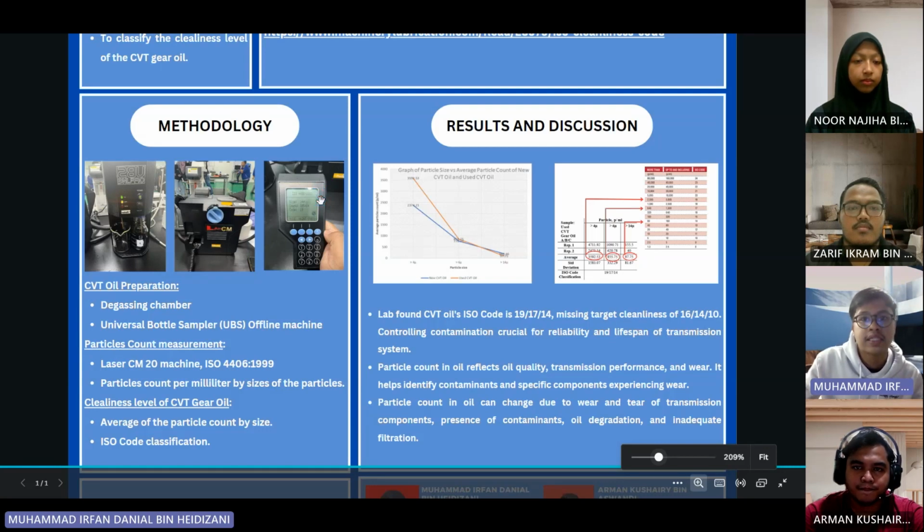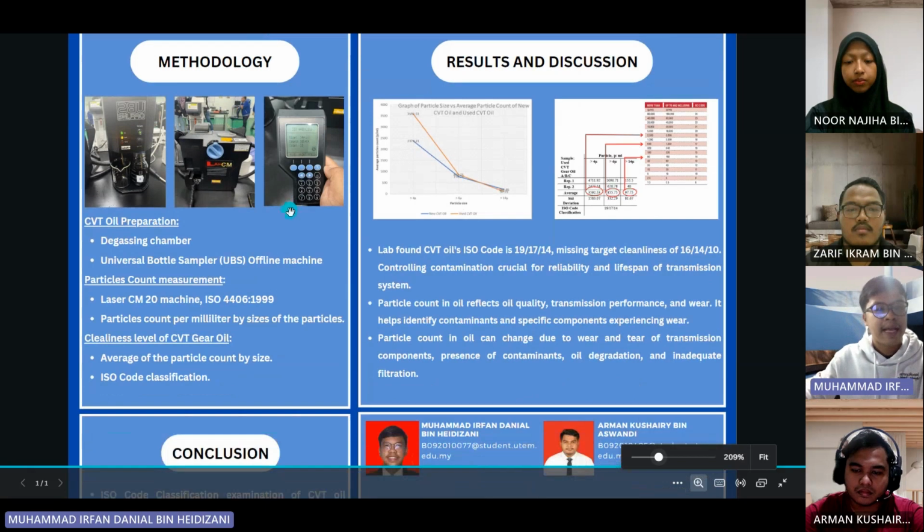The remaining oil sample is drained using the flush button, and the process is repeated for other samples, with system cleaning using N-heptane alcohol. Finally, the UBS offline laser CM20 and power supply are switched off.